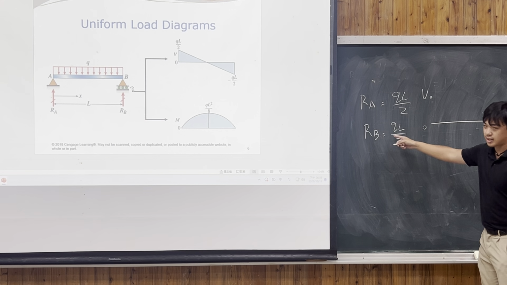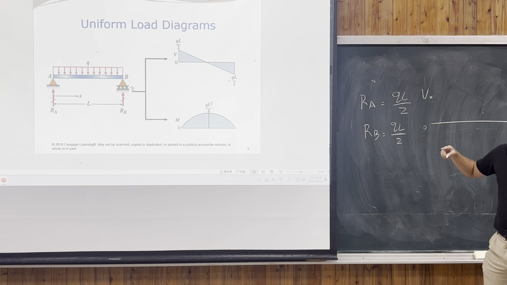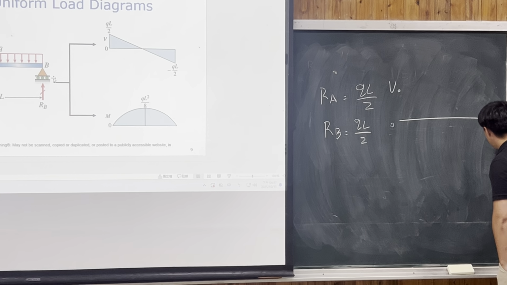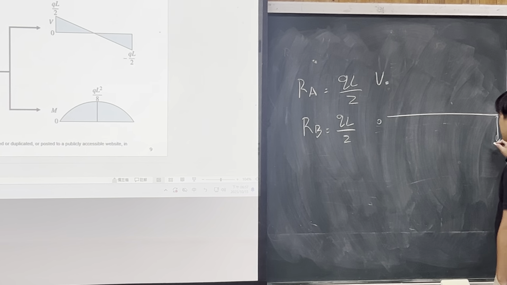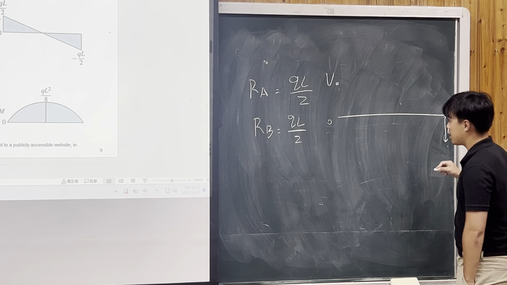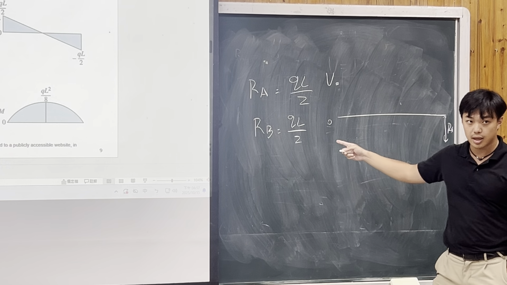And on this side, since it is an equilibrium state, it will need to add back to 0, so the same RB right here, the reaction force of B.